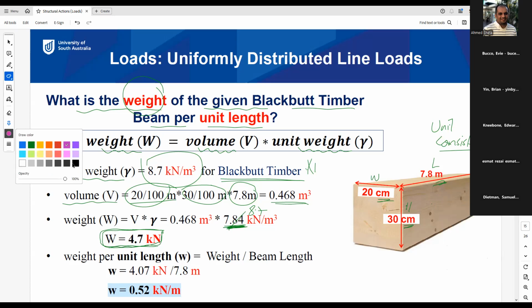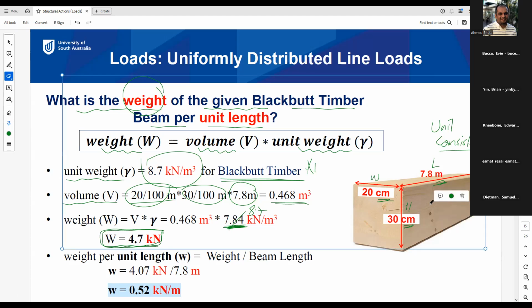So for example, this weight will be somewhere here in the middle, and this weight will be applied like that.